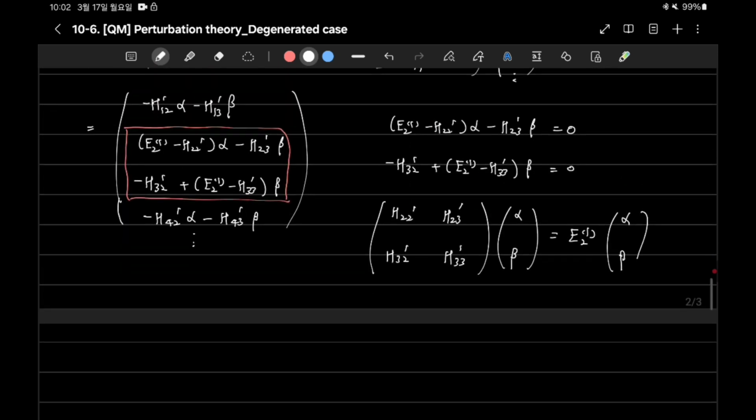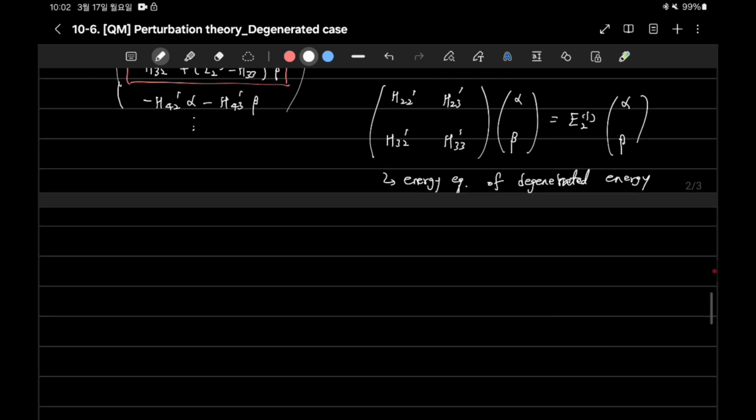Here it is the energy equation for degenerate energy. So here we assume that n equal 2 and n equal 3 is a degenerate case. So we can make this kind of matrix.